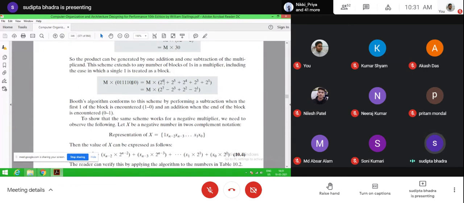Plus this first one can be represented by 2 to the power 2 minus 2 to the power 1.